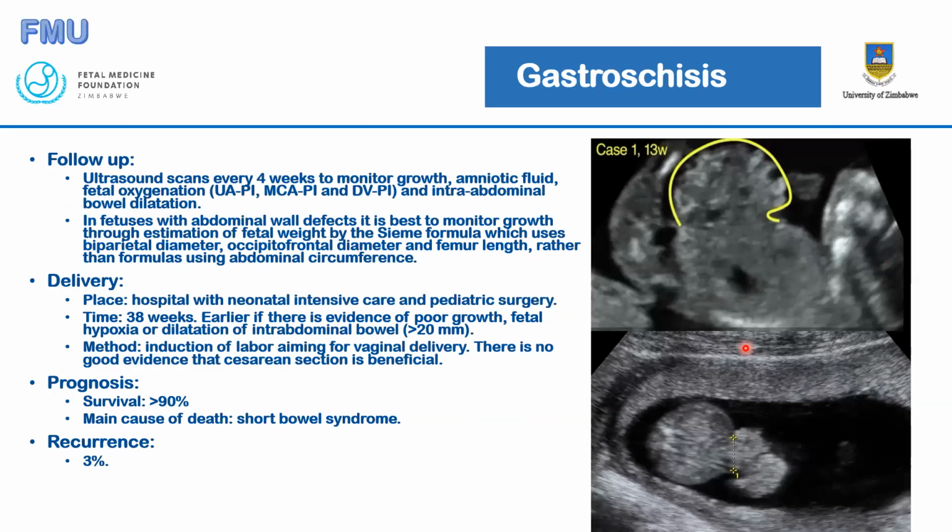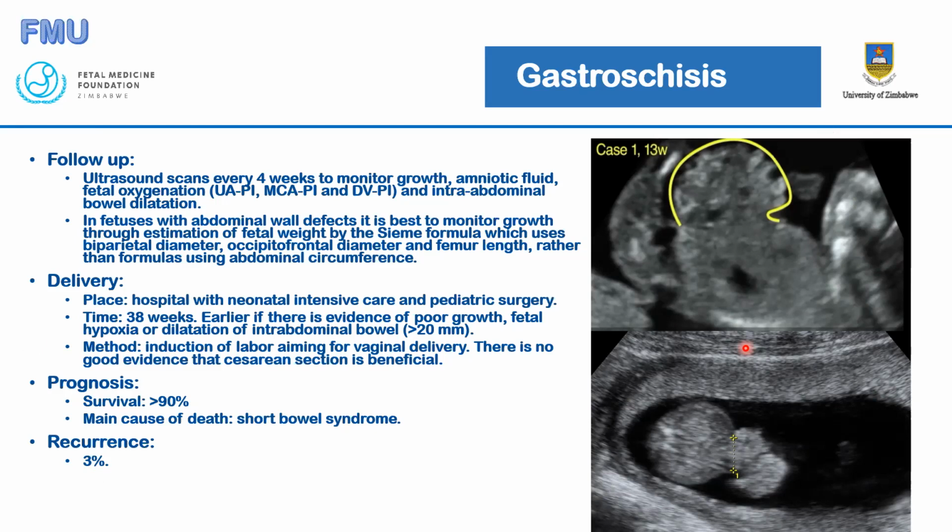Every 4 weeks, they need to come for fetal growth assessment where we check the amniotic fluid and fetal oxygenation, where we do the umbilical PI, MCA PI, and the ductus venosus PI. The very same things that we do when assessing growth, and also the intra-abdominal bowel dilatation. We have to check for that because it's a poor prognostic marker if the bowels that have remained within the abdomen are now dilated.